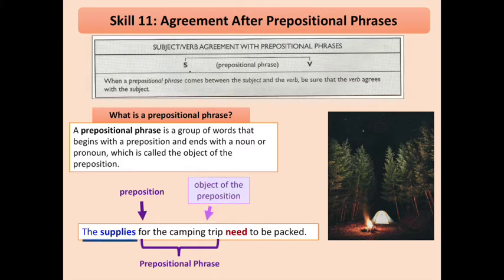The subject of the sentence is supplies. Remember, the object of the preposition cannot be the subject. The verb of the sentence is need. So, the supplies need. The subject and the verb agree in this sentence.